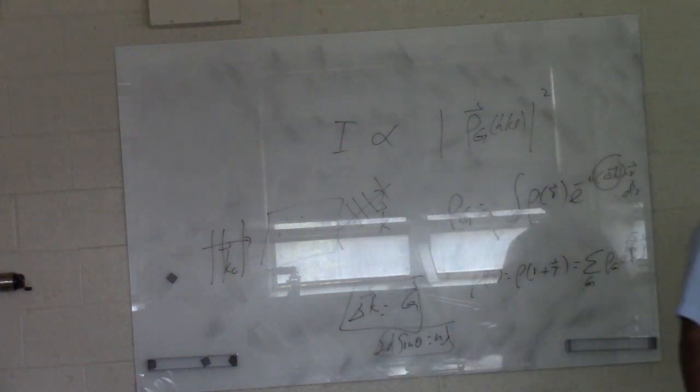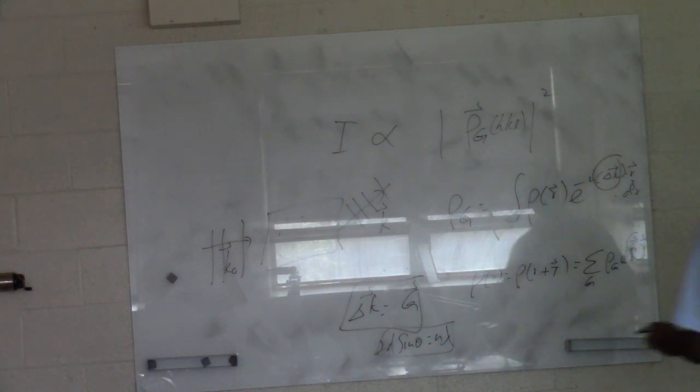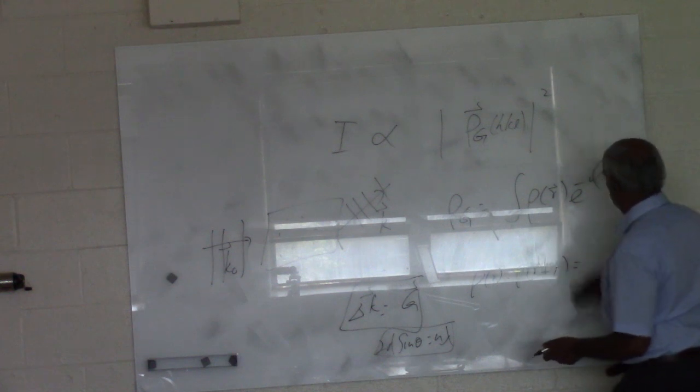So what you need to understand is that your scattered light intensity is the square of the Fourier transform of the charge density. That's all, right? This is the important thing. Your light is getting scattered by that electron density.